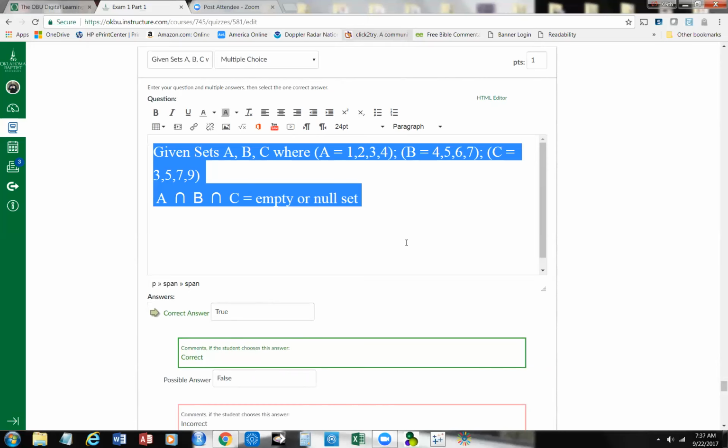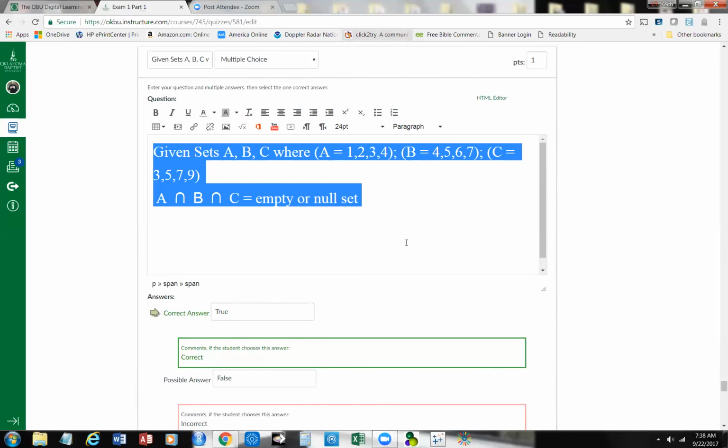And these sets do not share any similar elements. You have to utilize, remember, order of operation. If you take the intersection of A and B, for example, they do share 4, but 4 is not part of set C, so that's an empty set.